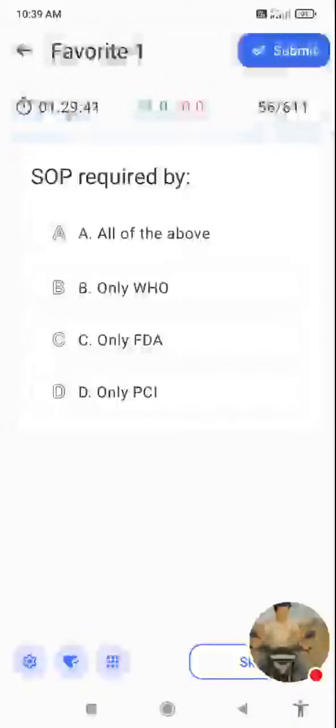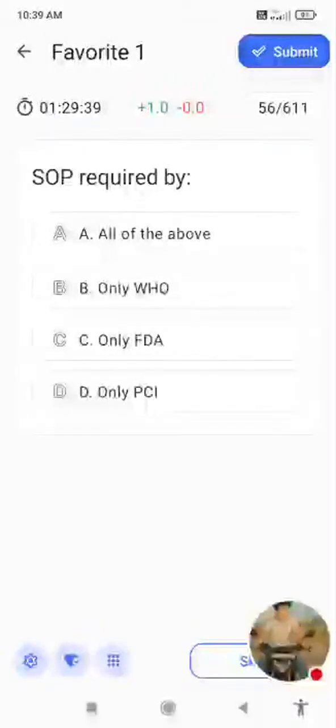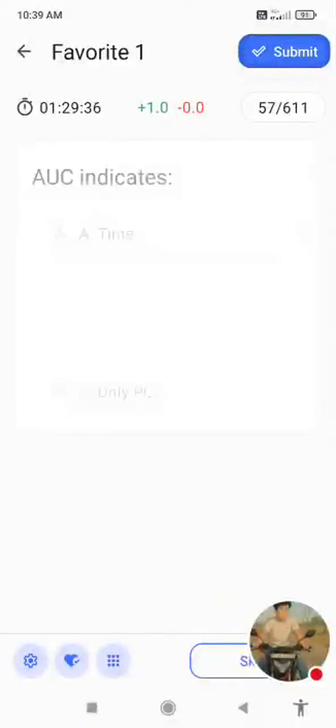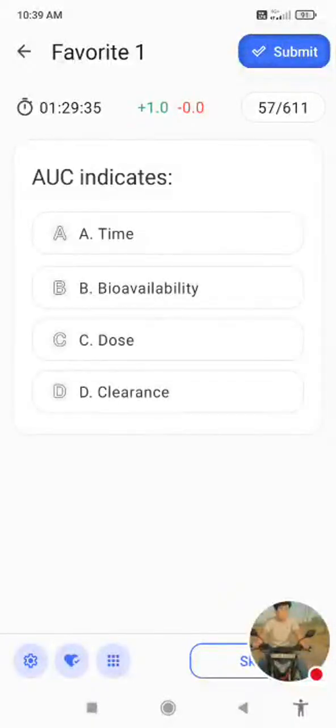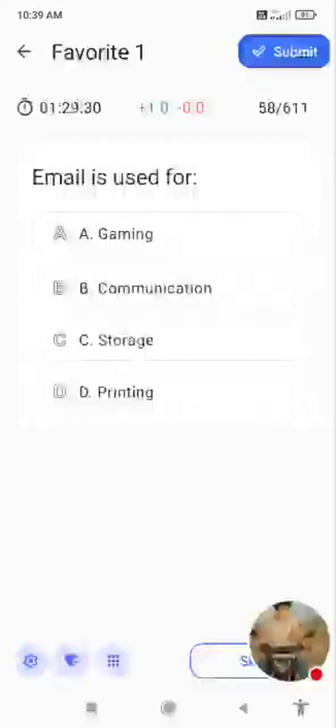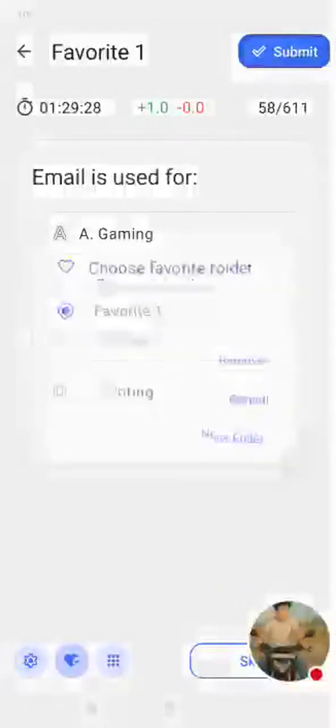SOP is required by all of the above. AUC indicates bioavailability. Email is used for communication.